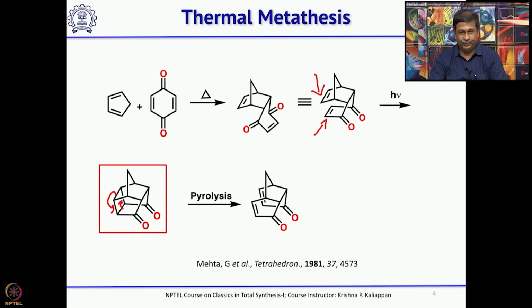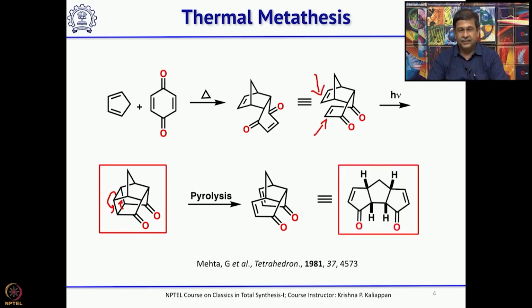This you can also write for better visualization like this. Clearly, from cyclopentadiene and benzoquinone, one can get this linear triquinane core structure basically in 3 steps.